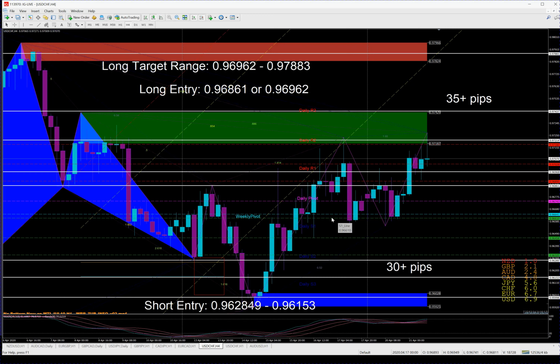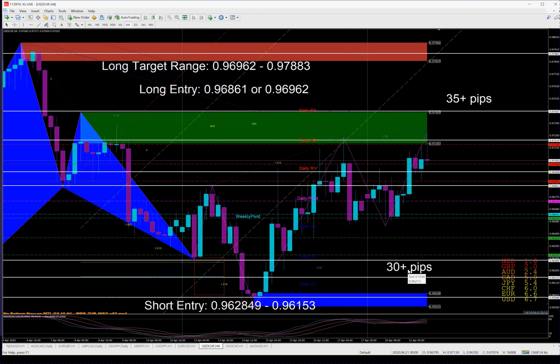Since then, we have been holding the 0.96610 level. So at this point, we'll see what happens. Price came right back up and hit our take profit yet again. So even if you happen to enter late, you still should have been able to profit. Or if you only took the short, then you should have been able to profit as well.